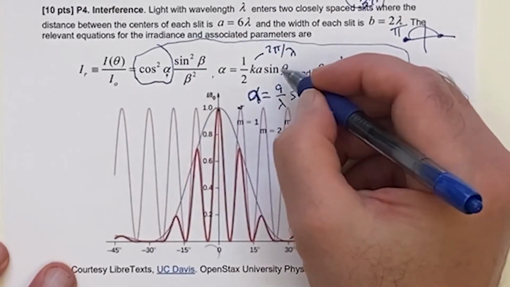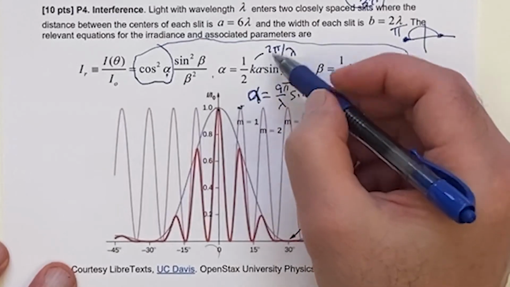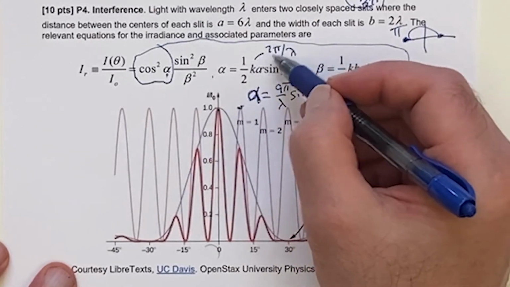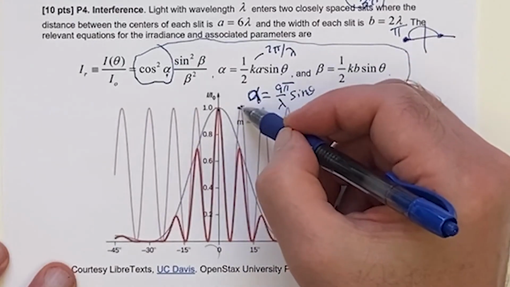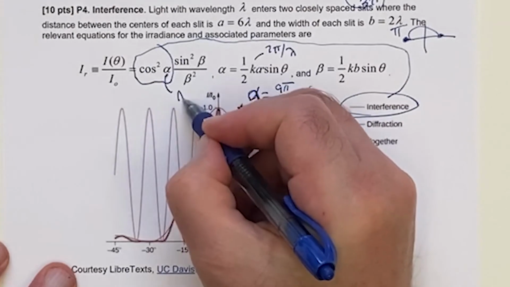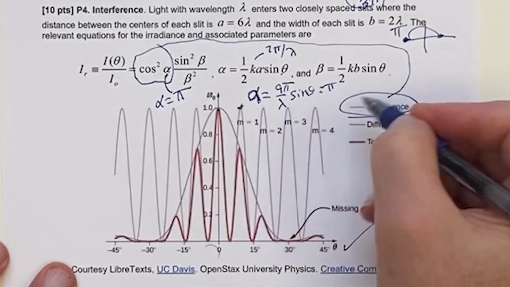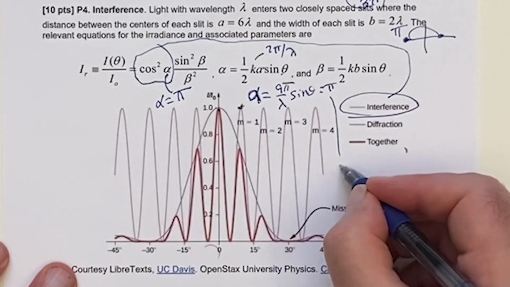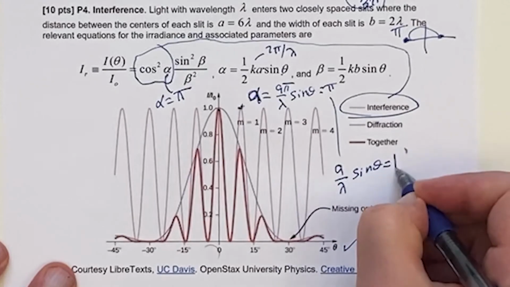Let's make sure we get this right. This is a pi up here, a times pi. The 2 cancels, but you still have that pi there. But the alpha, we already agreed, for this point here has to be a pi. So if the alpha is a pi, then what you get here is a over lambda times the sine of theta is equal to 1.